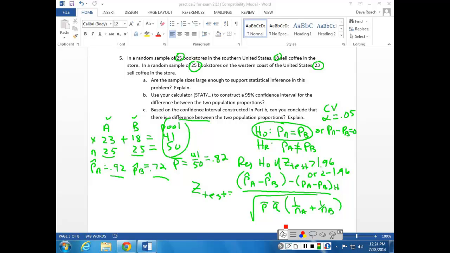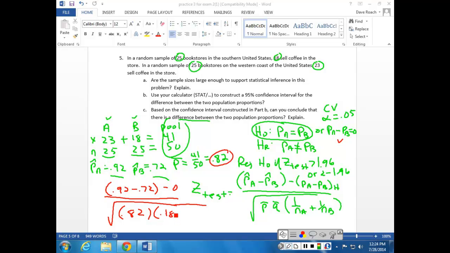Moving that over here, on the top would be 0.92 minus 0.72. That's p hat A minus p hat B minus 0. That's the hypothesized difference between the population proportions, divided by the square root of 0.82, this pooled P, times 1 minus that, which is 0.18, times 1 over 25 plus 1 over 25.